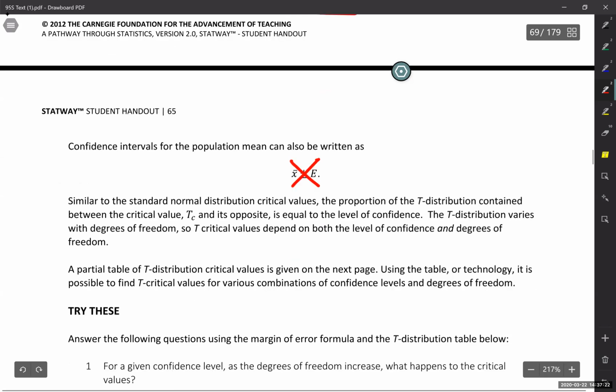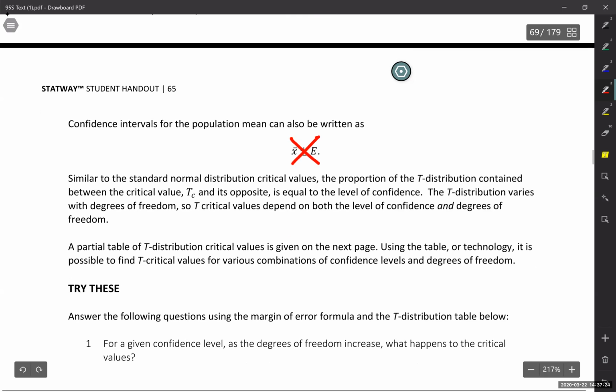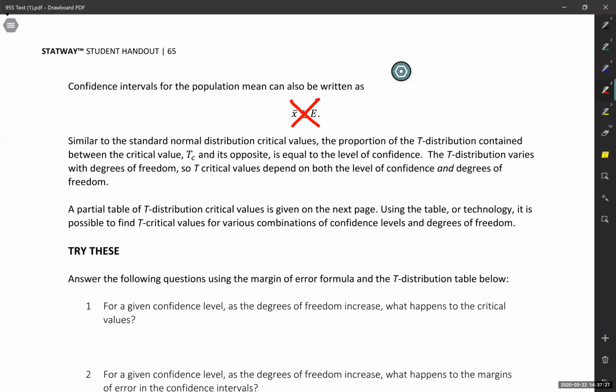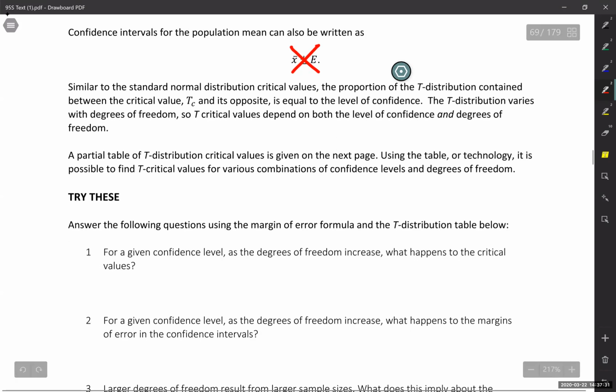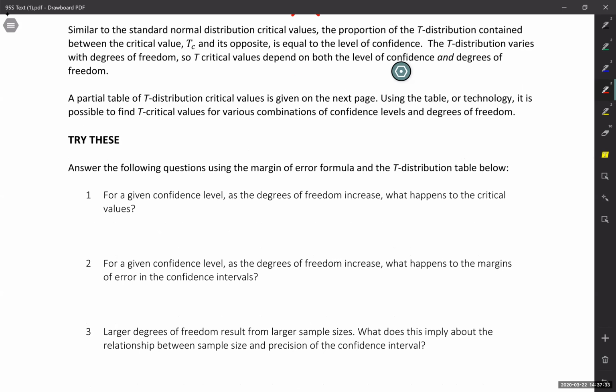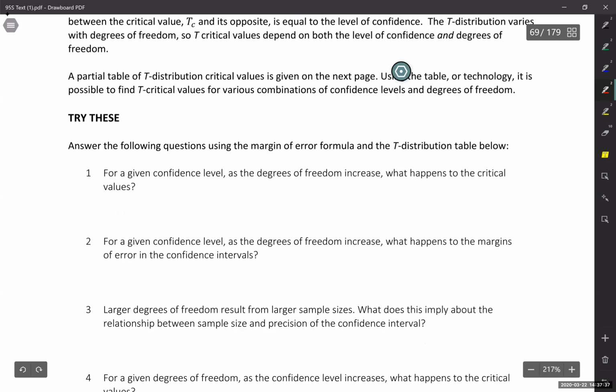Okay, so again, go ahead and read through this at your leisure, pause it if you want, or maybe you read it ahead of time. But what we're going to do is look at these questions regarding the margin of error. So for a given confidence level, as the degrees of freedom increases, what happens to the critical value?